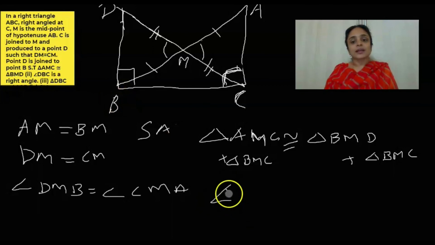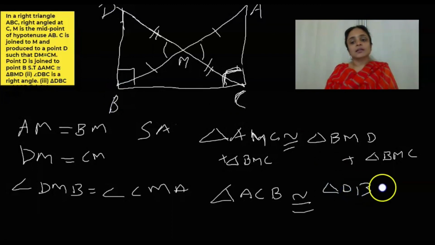So triangle ACB is congruent to triangle BMD plus triangle BMC, and BMD plus BMC is triangle DBC. So we got these two triangles are congruent, and angle ACB is equal to 90 degrees. So angle DBC also will be equal to 90 degrees. So we have proved that angle DBC is a right angle.